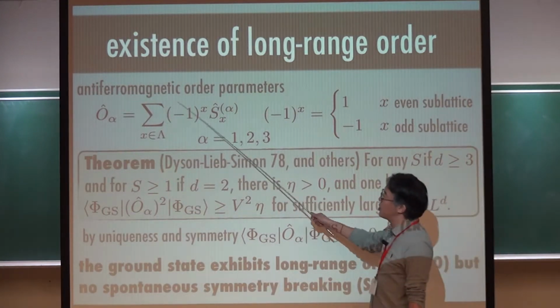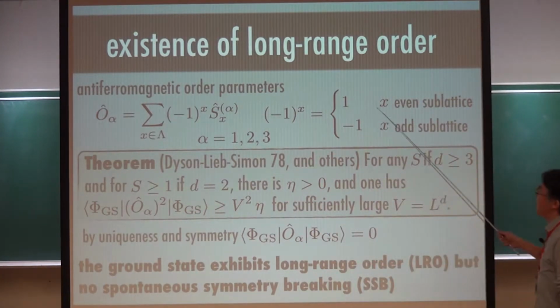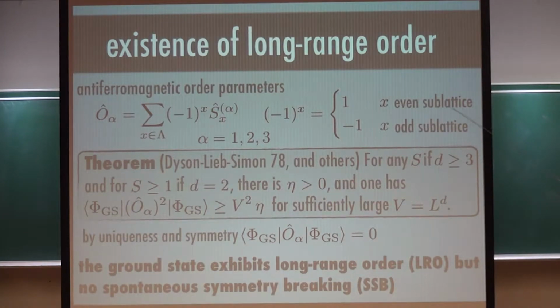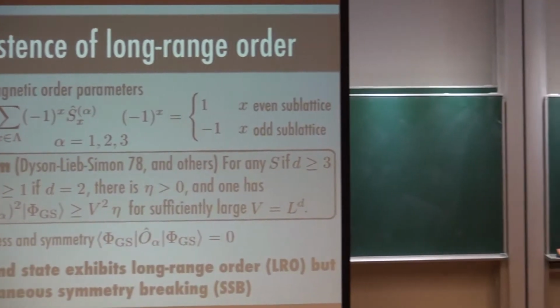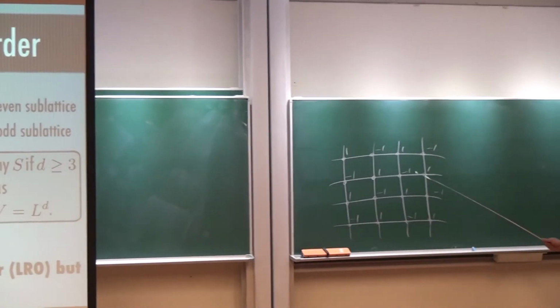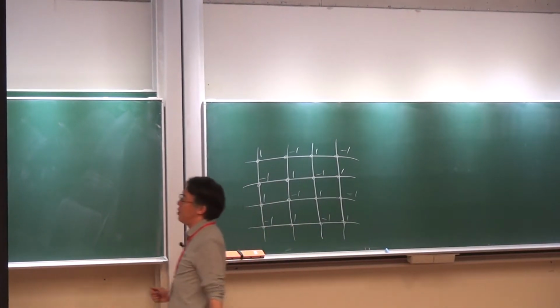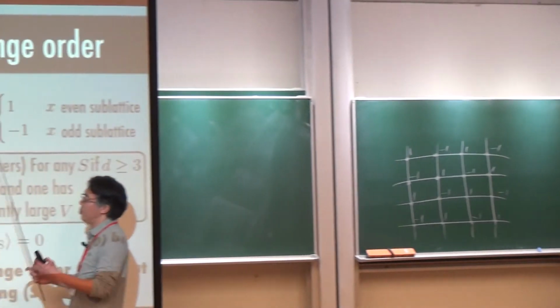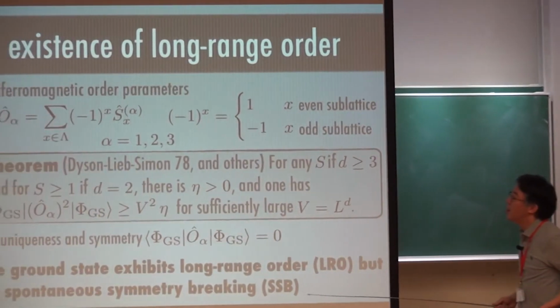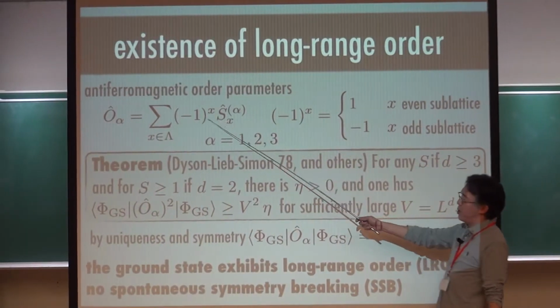But here I have an oscillating sign. And this is plus or minus 1 depending on whether x is on the even sublattice or the odd sublattice. So the sign oscillates like this. The neighbor of 1 is minus 1, and the neighbor of minus 1 is always 1. So this sort of picks up the order which we expect to be there. So this is the order parameter O.